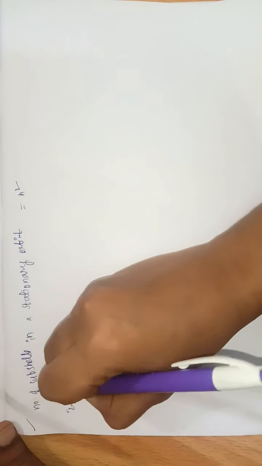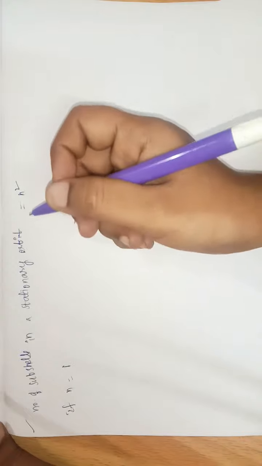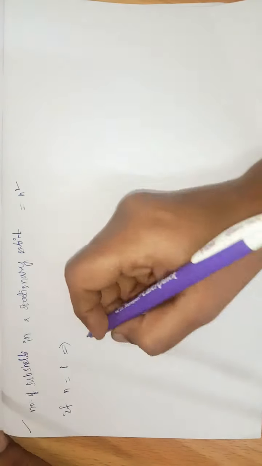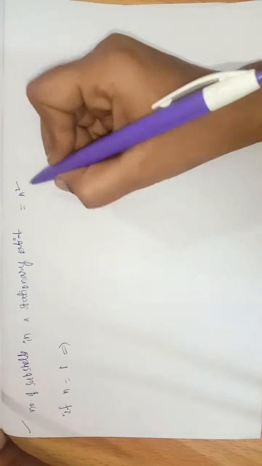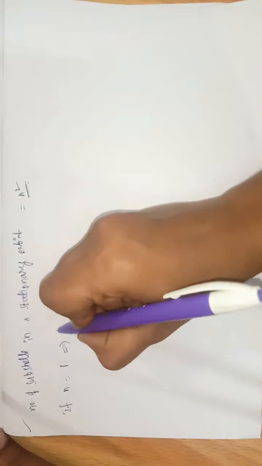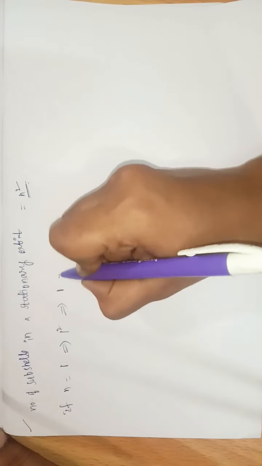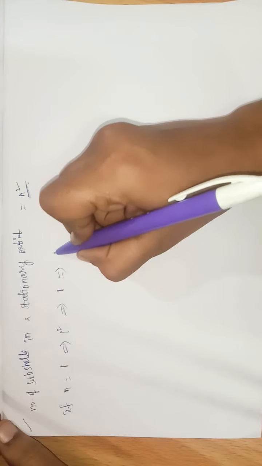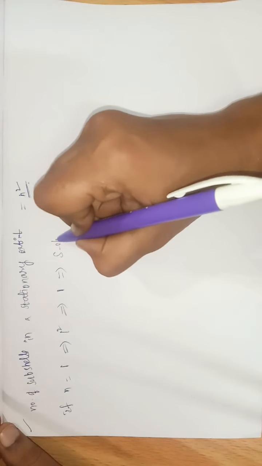If n is equal to 1, that is the first energy level, we substitute it in this formula, 1 square, that is 1, means s orbital only.